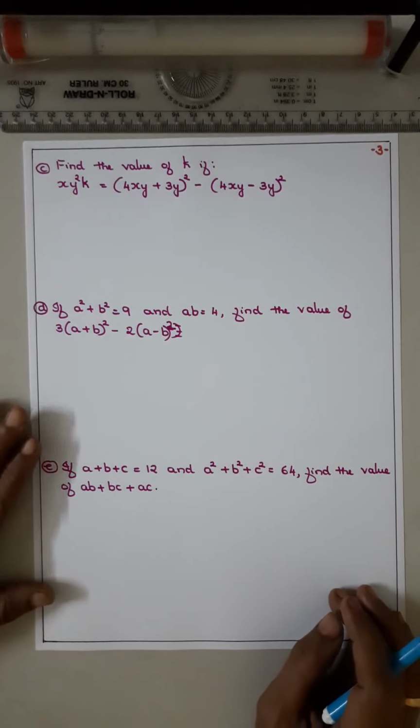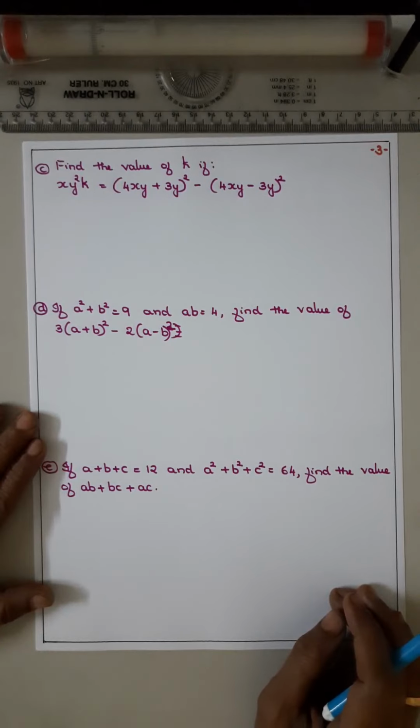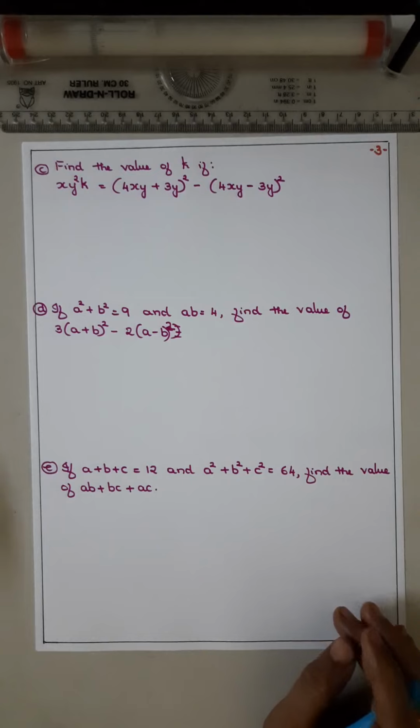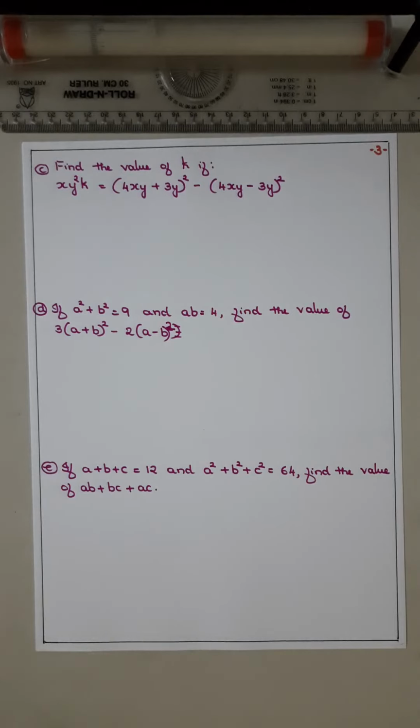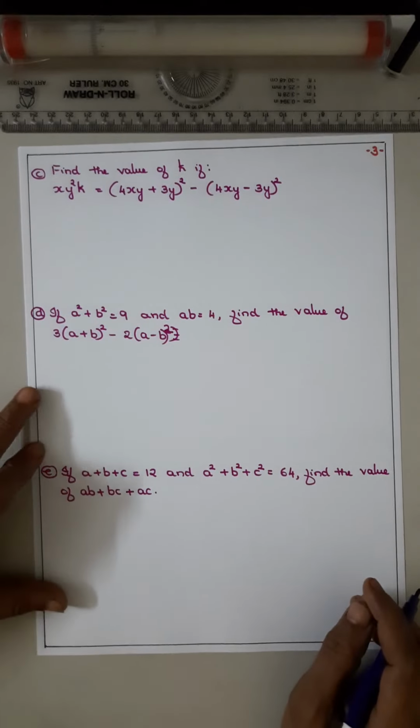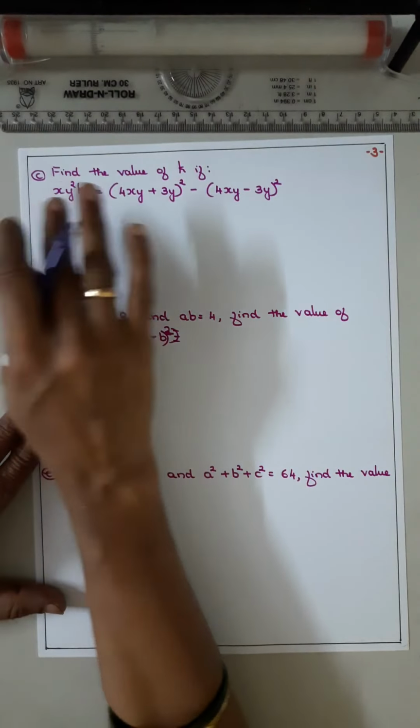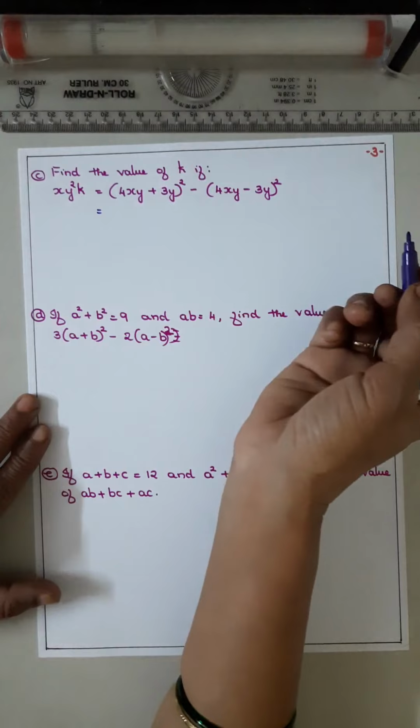The question is x y squared k is equal to (4xy plus 3y) the whole square minus (4xy minus 3y) the whole square. Now find the value of k. So the question, let it be like this only here, the left hand side.